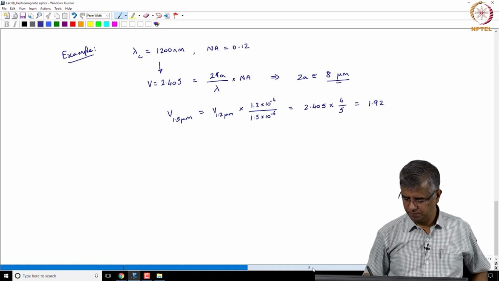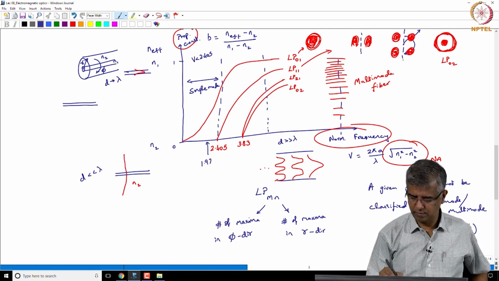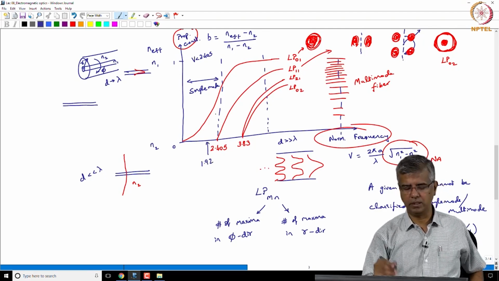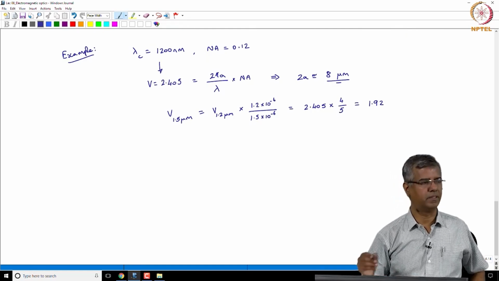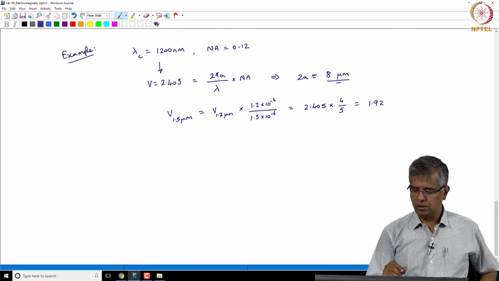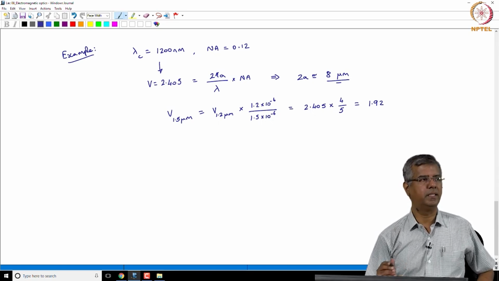So where are we now? 1.92 is somewhere over here, so it clearly behaves as a single mode fiber as you go to longer wavelengths. Similarly, if you want to look at the V number at 600 nanometers, what would that be if you use 600 nanometers?